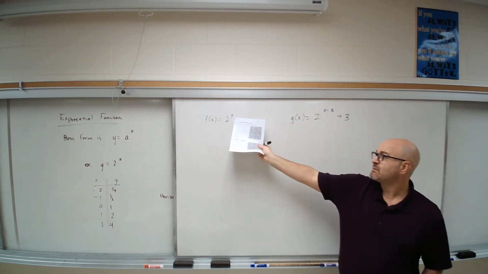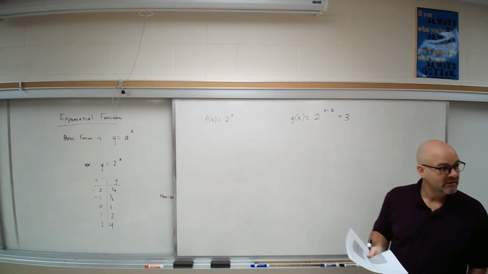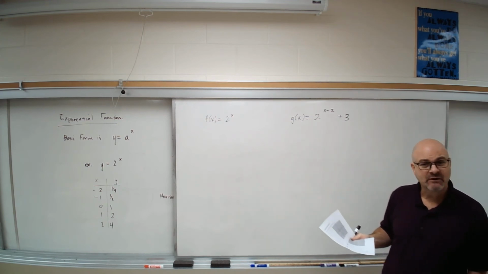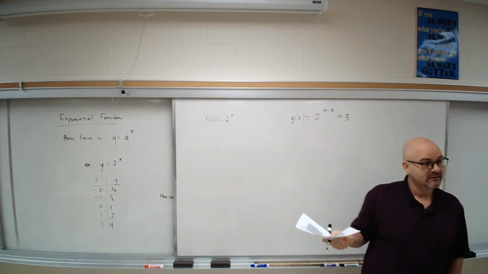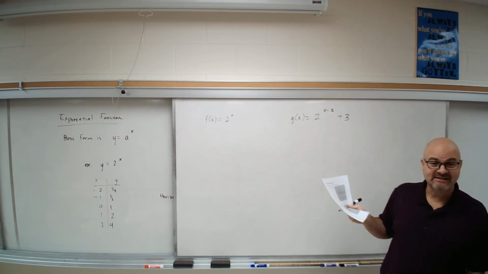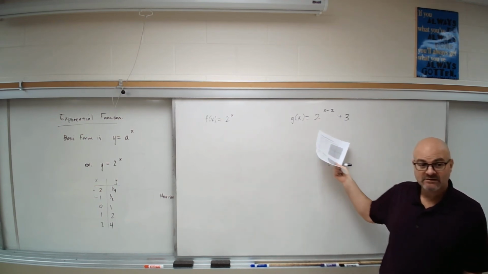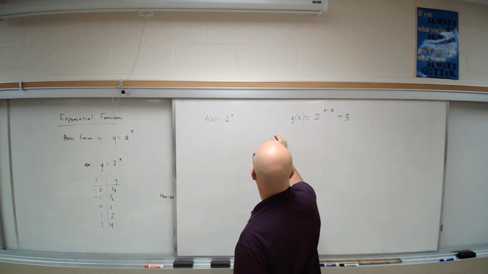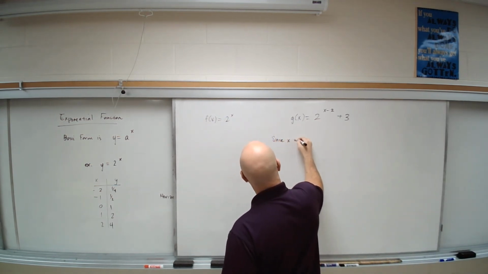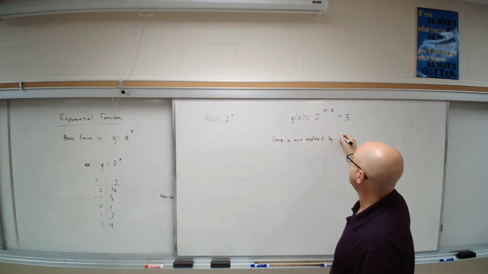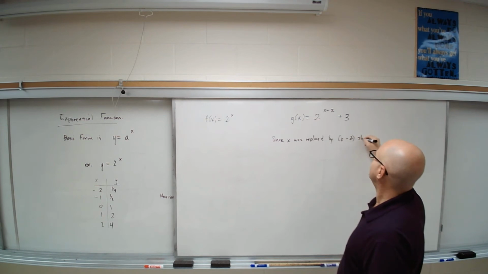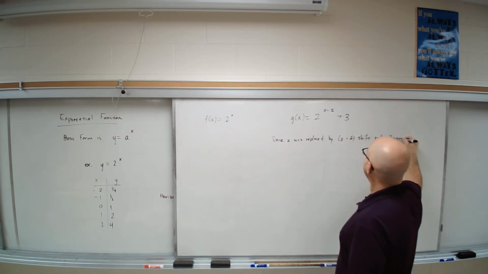Here we see that x was replaced with x minus 2. Does anybody remember what that would do in terms of the graph, how that would move it? 2 units, but which way? Now be careful, with the x's it's the opposite of what you think it would be. Since x was replaced by x minus 2, that means we shift right 2 units.